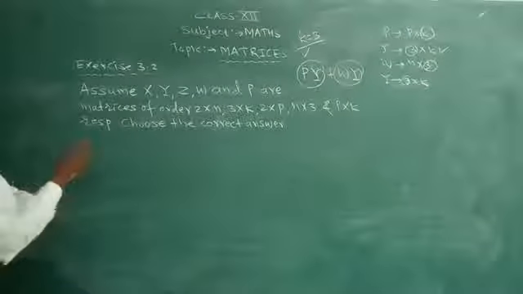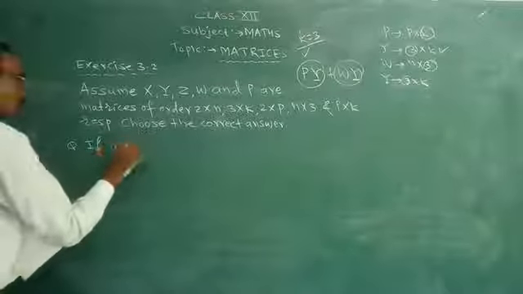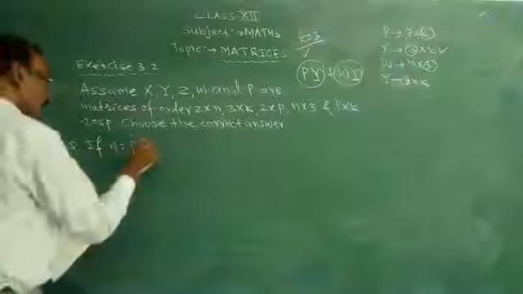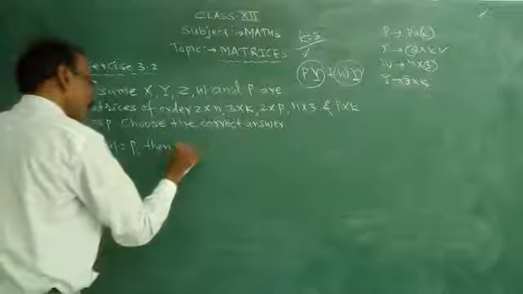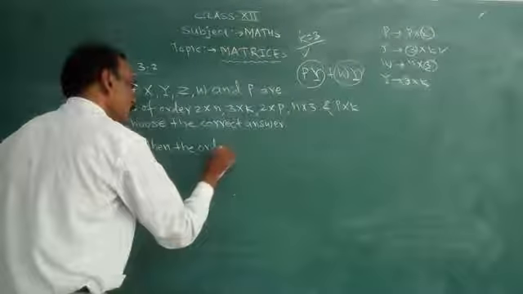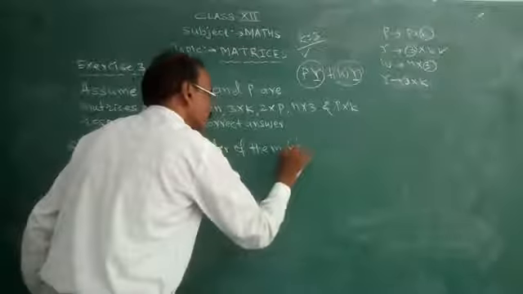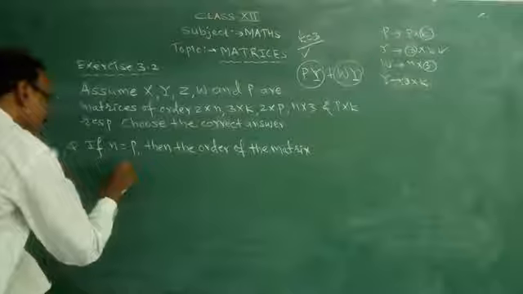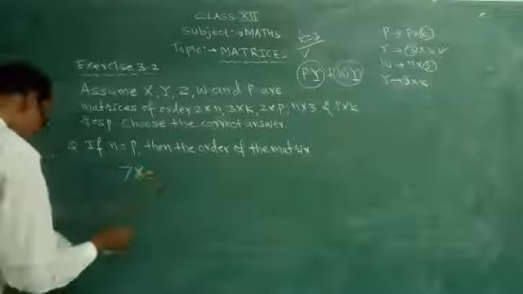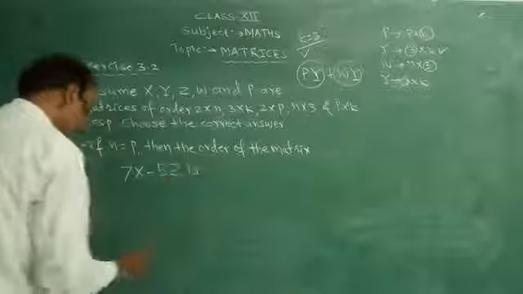The question is: if N is equal to P, then the order of the matrix 7X minus 5Z is?